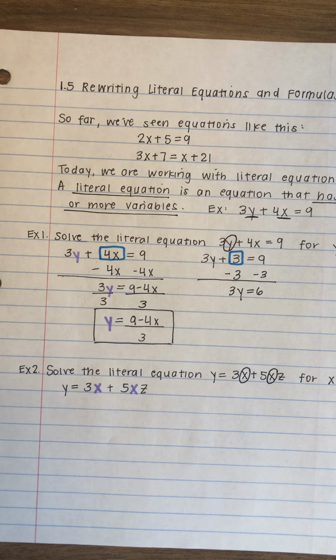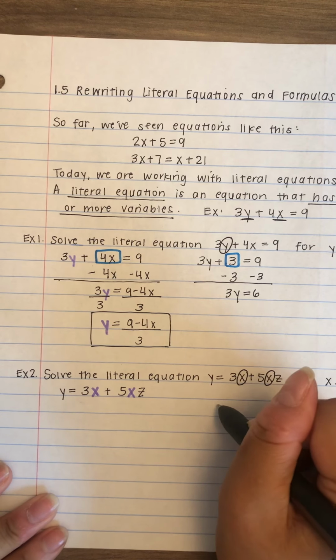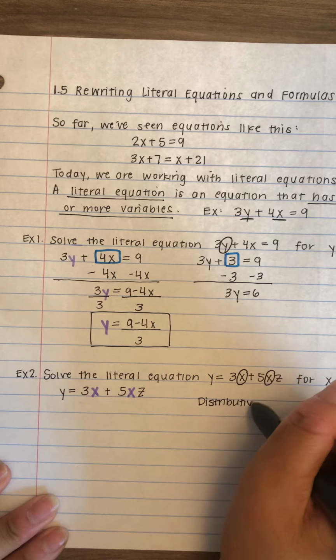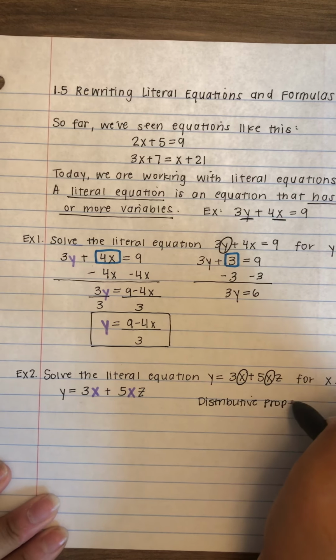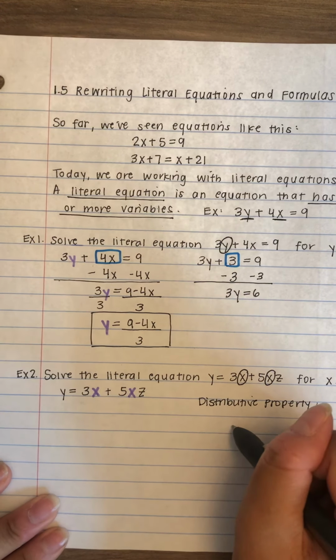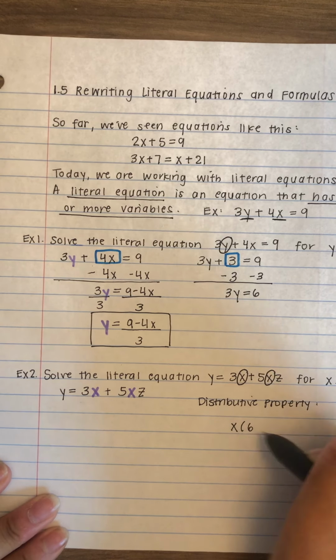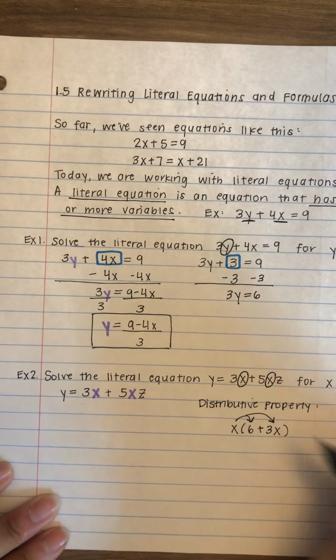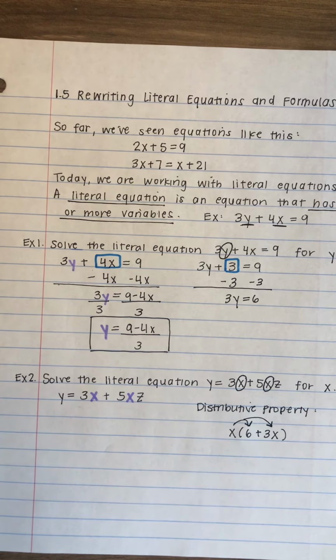So we've heard that word share before when we were talking about distributive property. For our distributive property, when we have an x times 6 plus 3x maybe, remember we are going to share that x with both terms.